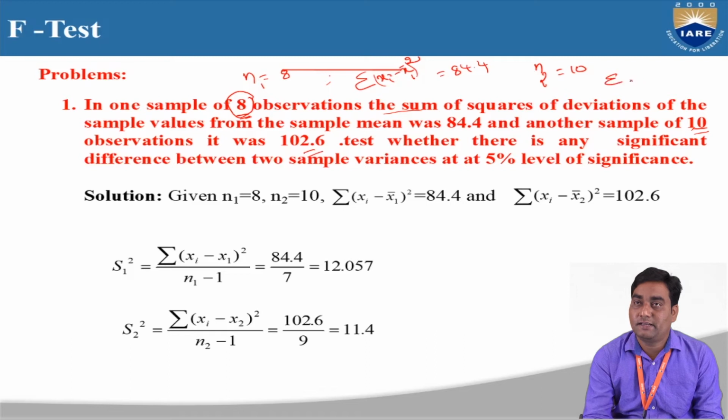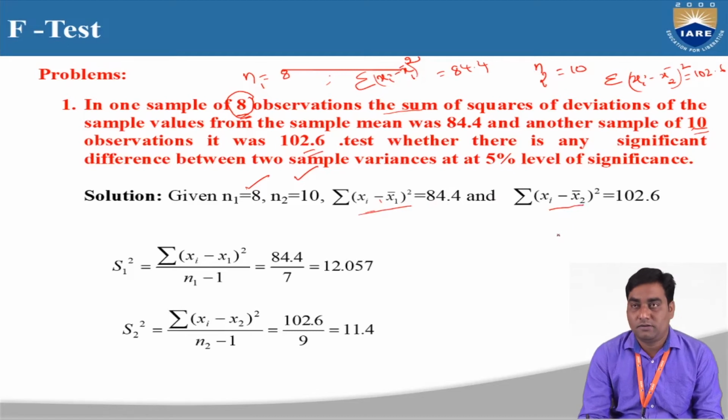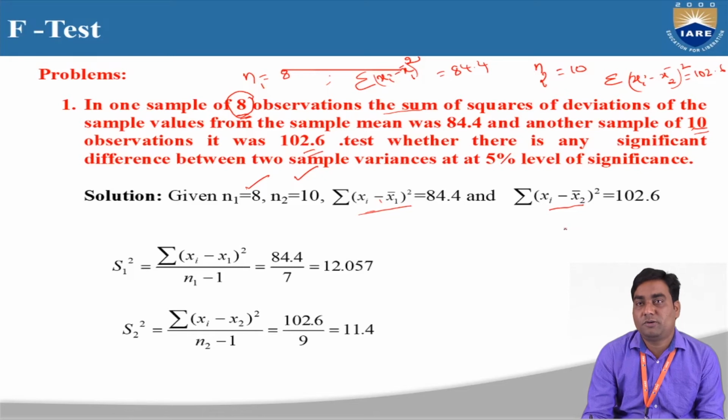That means sigma xi minus x2 bar whole square equal to 102.6. So in this first statement, n1 and n2 are given, the sum of squares of deviations from the first mean is given, and the sum of squares of deviations from the second mean is given. According to the first statement of the problem, we got this data.